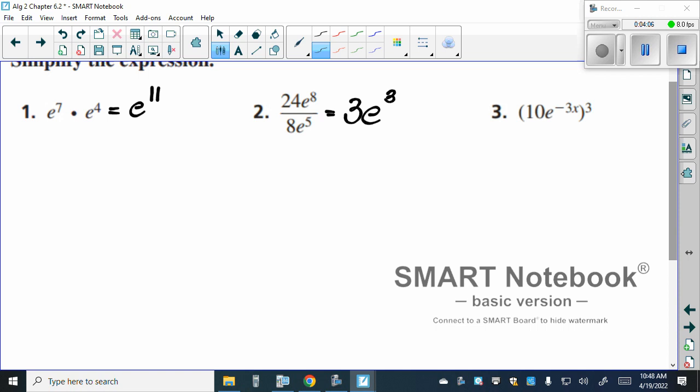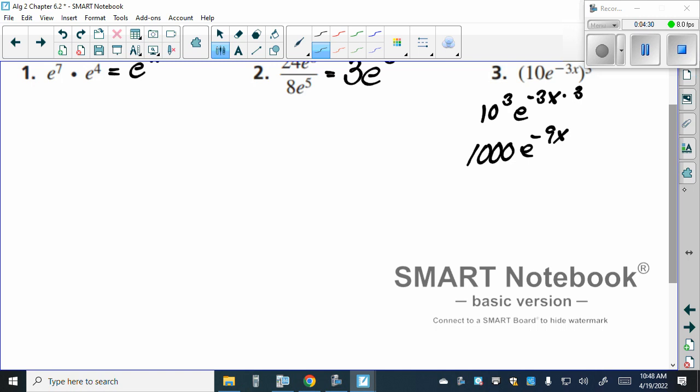And the last one here. We're going to do the same thing we did before, so we'll apply the third power to both. We'll have 10 to the third times e to the negative 3x times 3. Well, 10 to the third is 1,000. And then we would have e to the negative 9x.